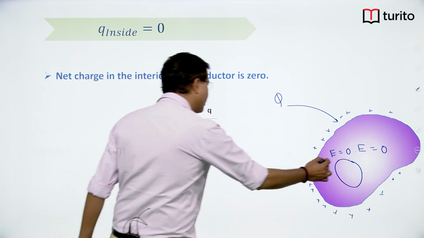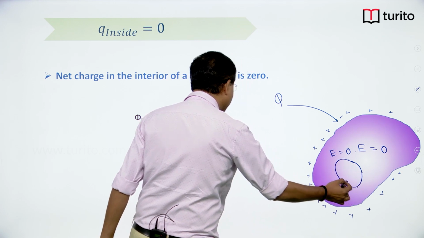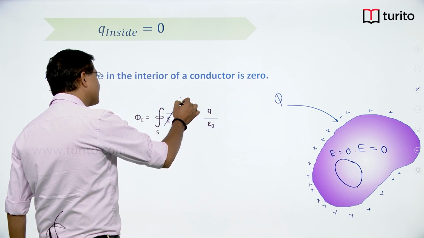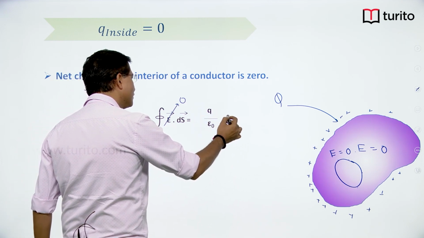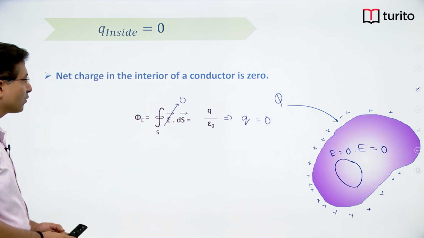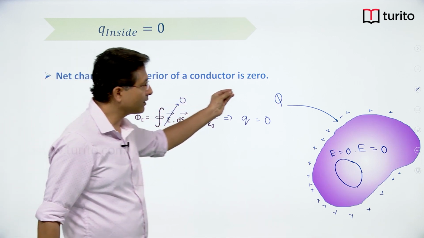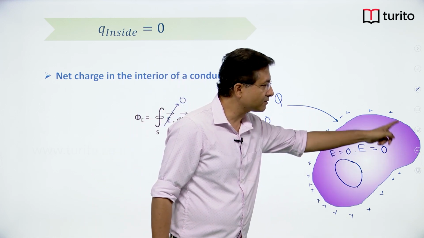If at every point on this Gaussian surface, an imaginary surface, the field is 0, that means the net charge enclosed has to be 0. So, this q has to be 0, right. That means whatever charge you are giving, that is completely appearing on the surface.